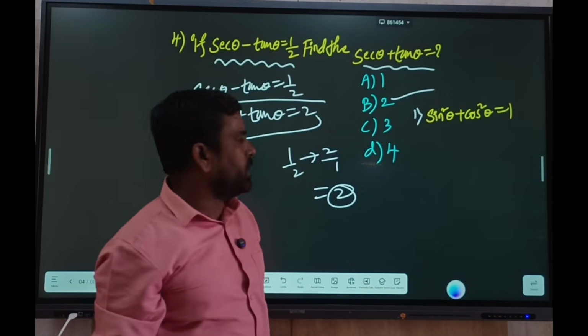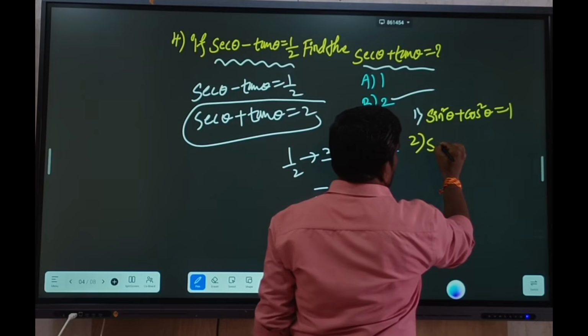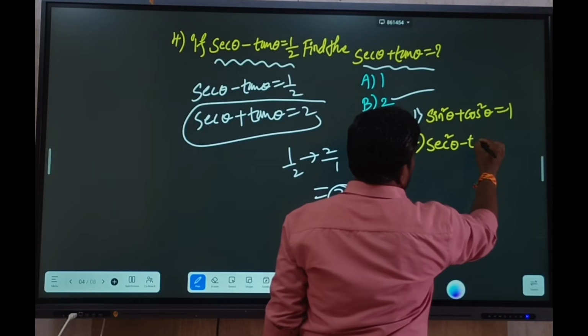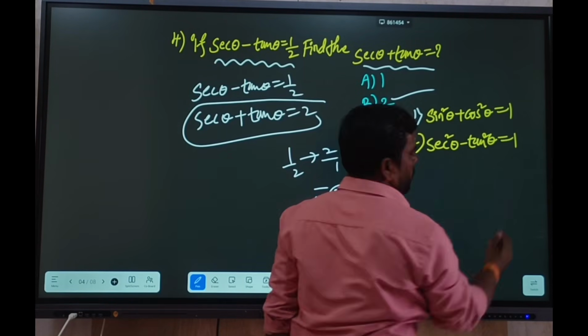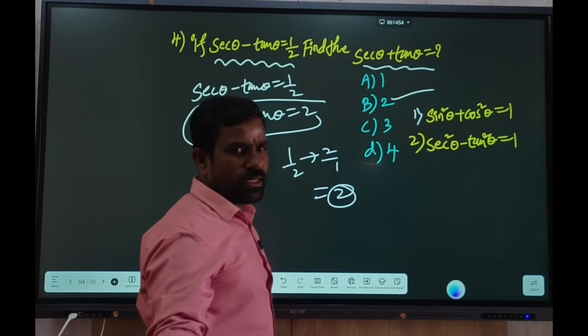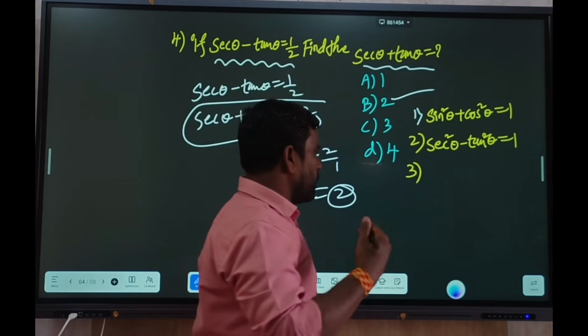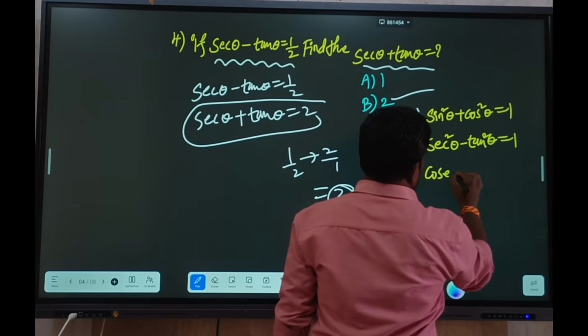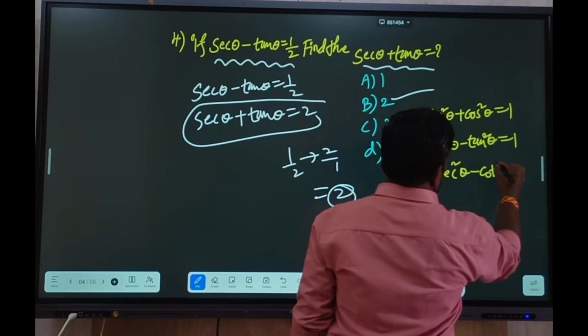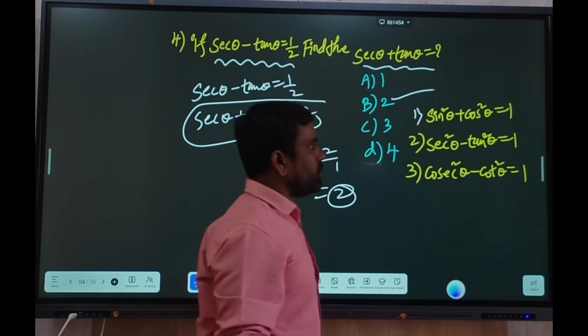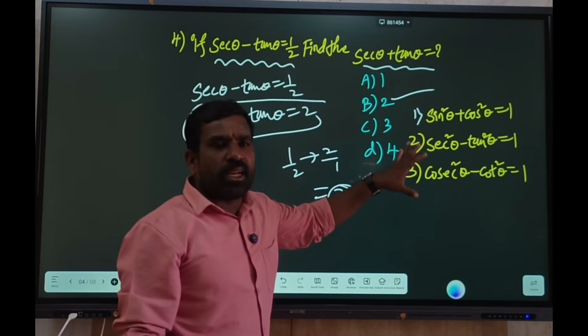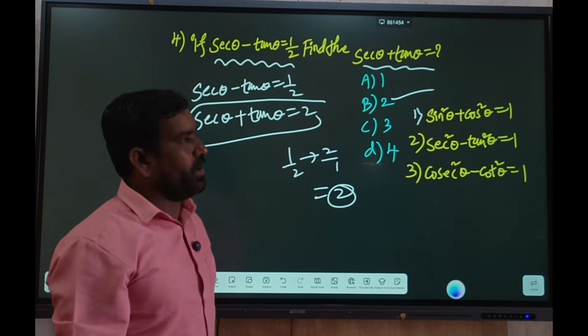The second one is secant square theta minus tan square theta is equal to 1. The third one is cosecant square theta minus cot square theta is equal to 1. So these 3 trigonometry identities are very important.